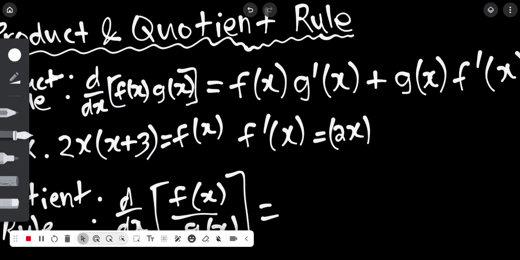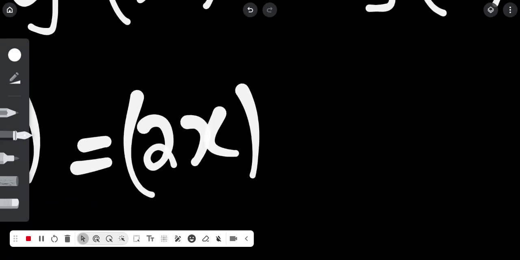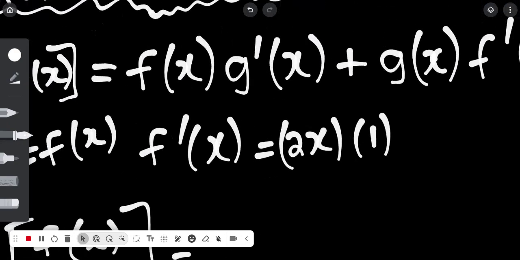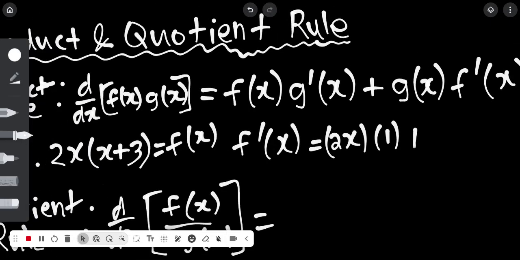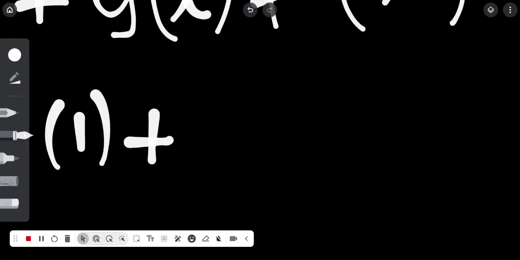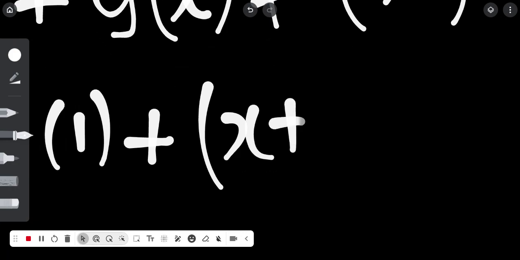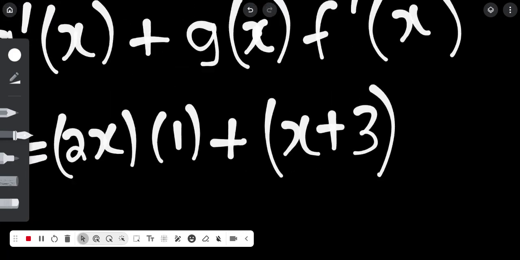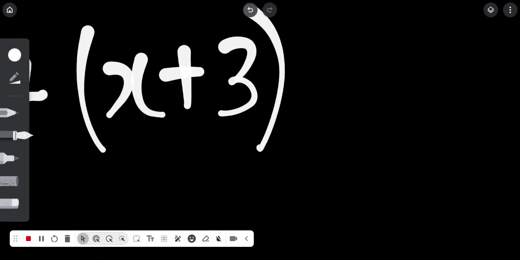The derivative of x plus 3 is, the derivative of x is 1, the derivative of 3 is just 0 because it's a constant, so it'd be times 1. First derive second plus second, which is x plus 3, derive first. The derivative of 2x is 2.